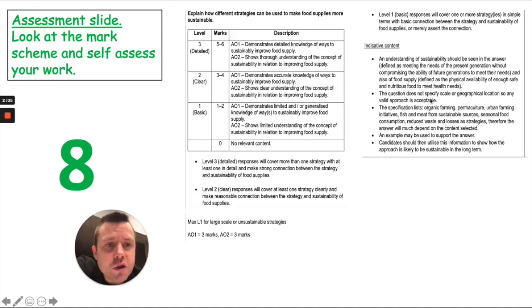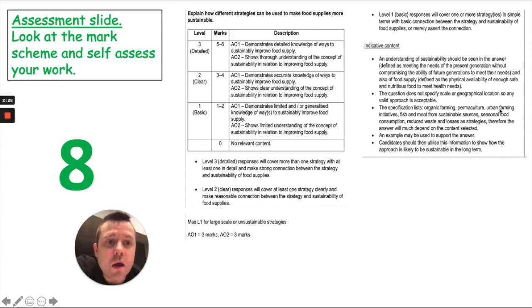The question does not specify scale or geographical location, so you could talk about sustainability anywhere really. The example we'll learn more about is sand dams and the water security program in Kenya, but you can talk about any. You could talk about organic farming in England.